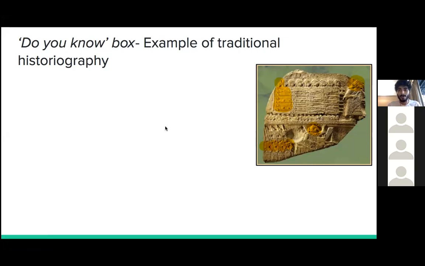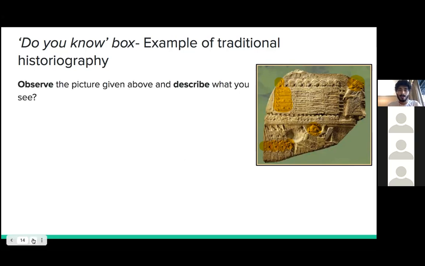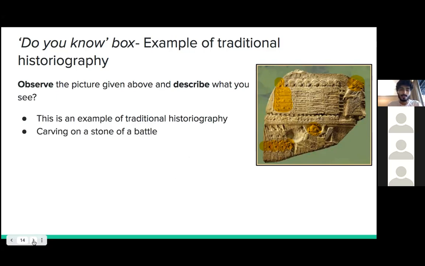So I'm just going to go ahead and tell you what I see in it. If it was a classroom, I would have asked for participation, and then we'll go ahead with this, right? So if you look at this, what is it? It's a stone tablet, right? So it's an example of traditional historiography. It's a carving on stone of a battle.